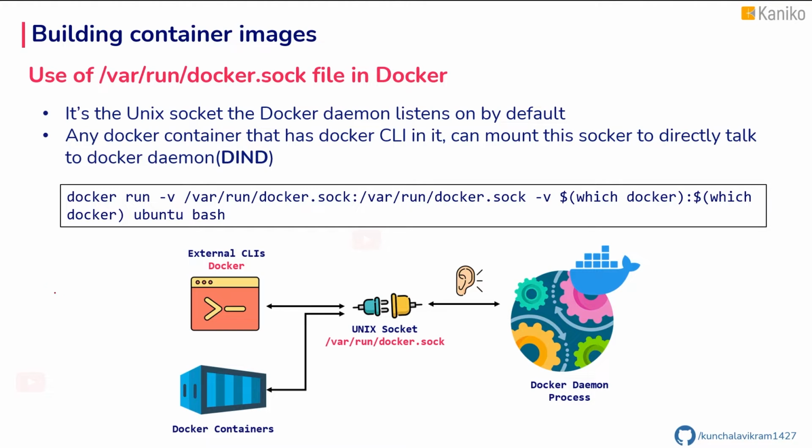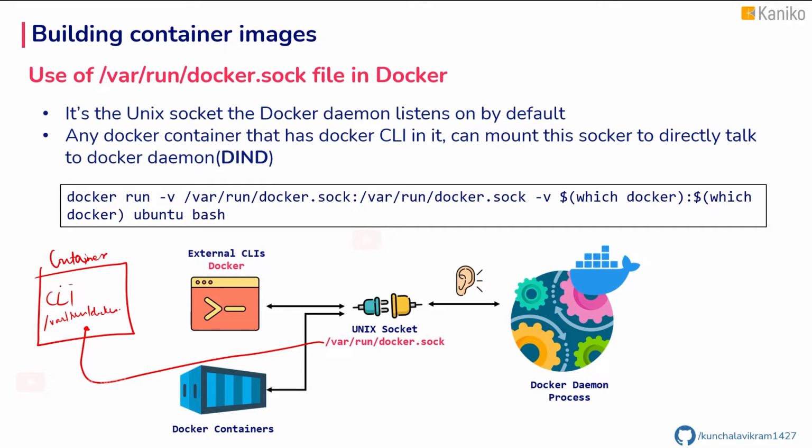The next best alternative is having the Docker CLI inside any container. And we all know that this CLI, if it has to talk to the daemon, needs access to the Docker sock. So what we'll do is take this Docker sock and mount it into the container at the exact location, which is var run docker.sock.